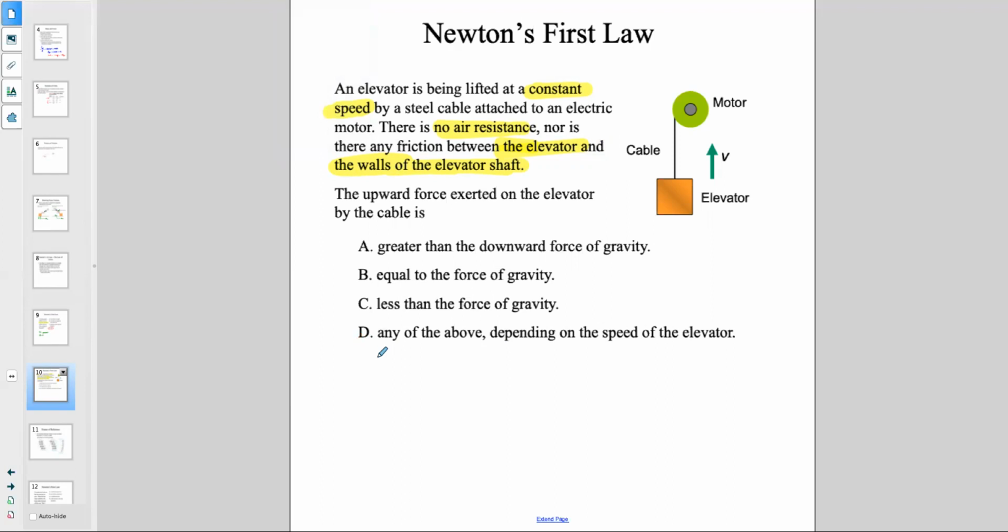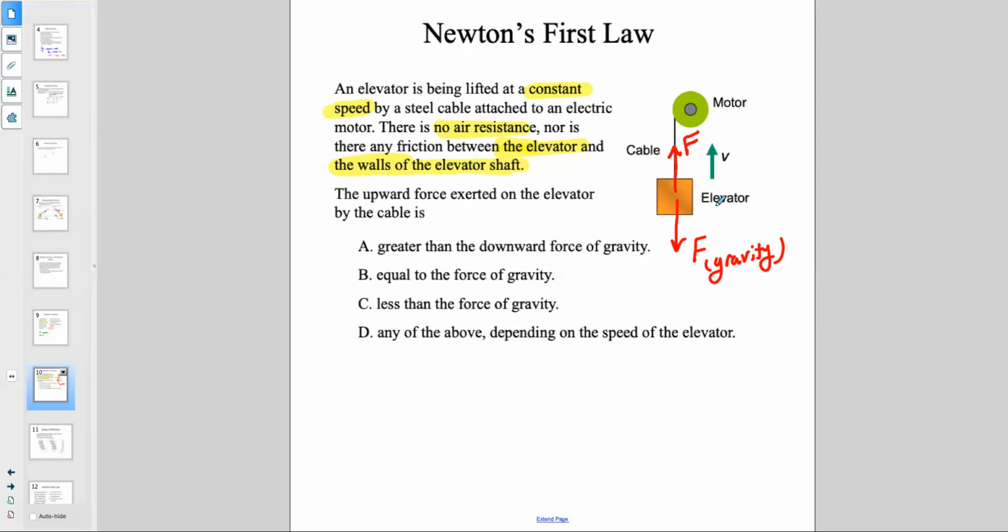So let's take a look. It is going with a constant velocity. That means that there is a force upward acting on this object, okay? And there is another force because of the gravity, the force of gravity. And this other force is because of the cable.